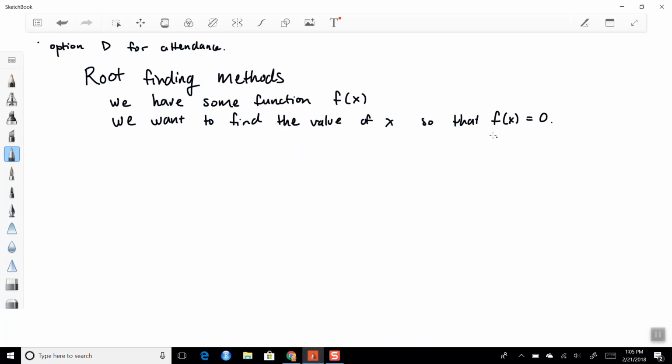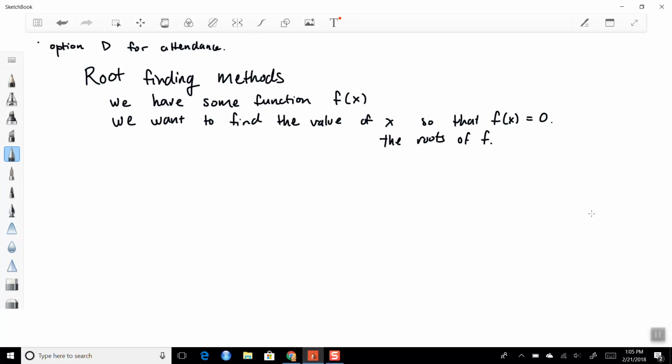These are known as the roots of f. Algebraically, this is easy to do. We just take some function, set it equal to 0, do algebra, and solve for x. That's simple enough.